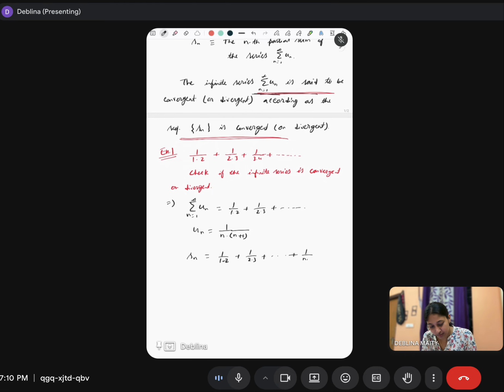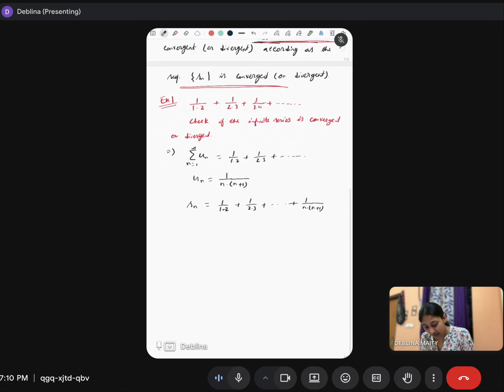So we can write 1 by 1 into 2 as 1 minus half, and 1 by 2 into 3 as 1 by 2 minus 1 by 3, and 1 by n into n plus 1 as 1 by n minus 1 by n plus 1, right?